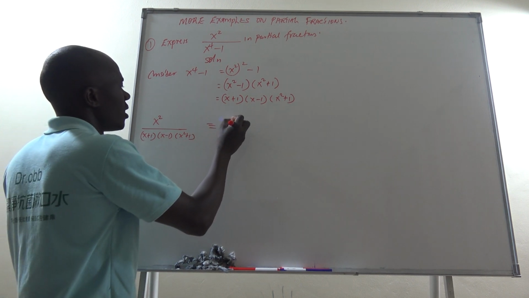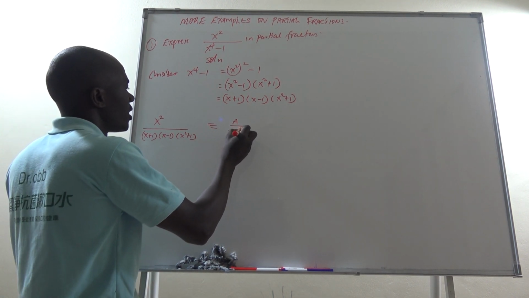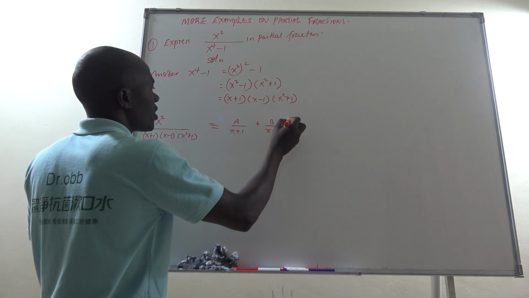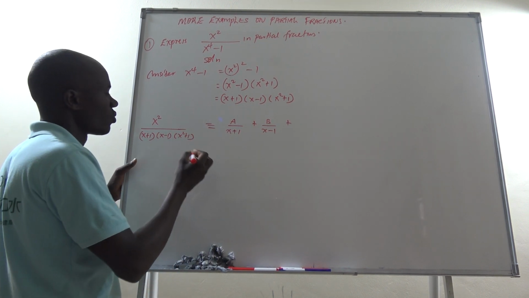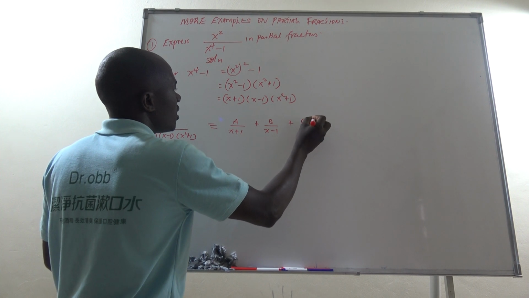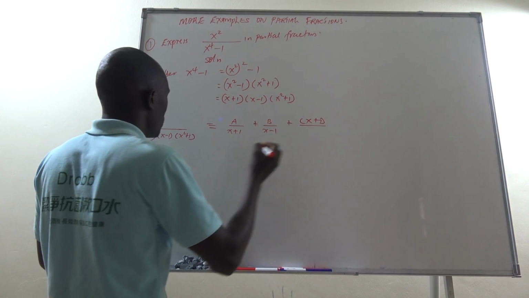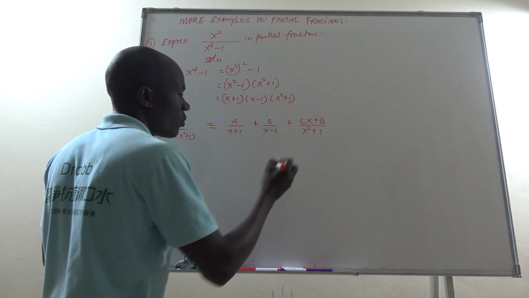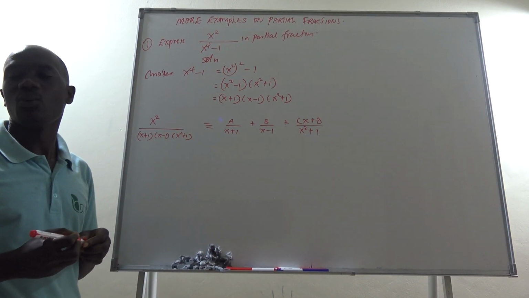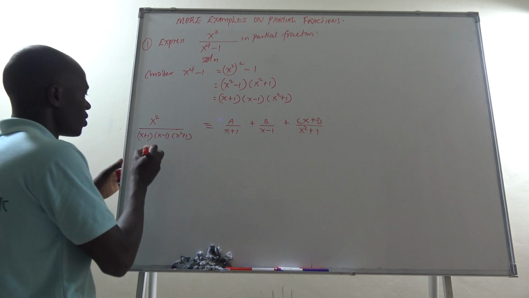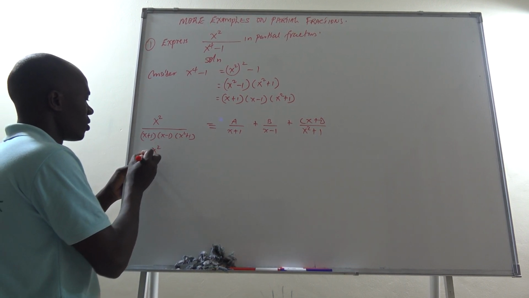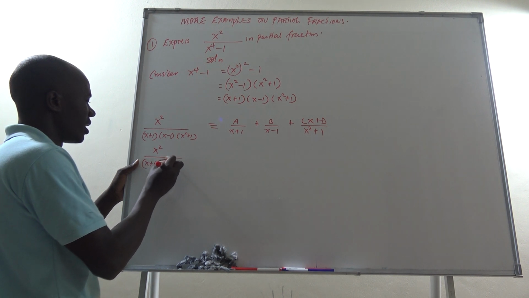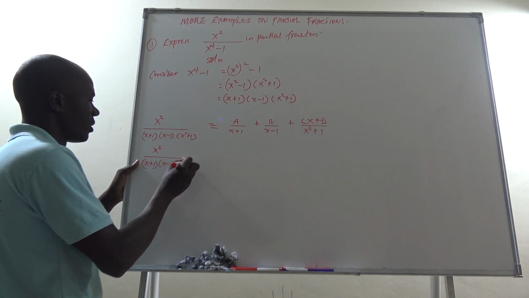So we say a out of x plus 1, plus b out of x minus 1, plus cx plus d out of x squared plus 1, because this quadratic cannot be factorized. We go ahead and get the LCM, which is x plus 1 into x minus 1 into x squared plus 1.